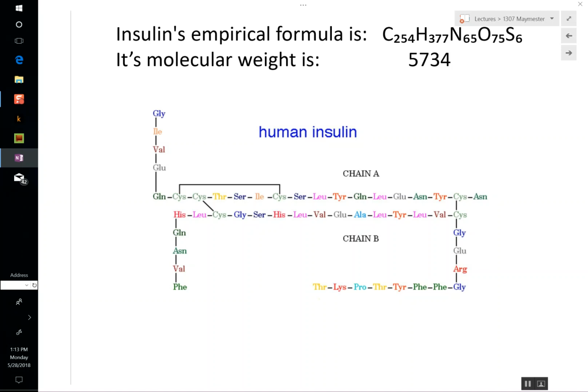Bring it in here. Now what happens? This OH group and this hydrogen are going to form a water molecule. Chelsea, catch this. There you go. There's our first water. There's our first peptide. Hang on to this. You're going to stay there for a while.